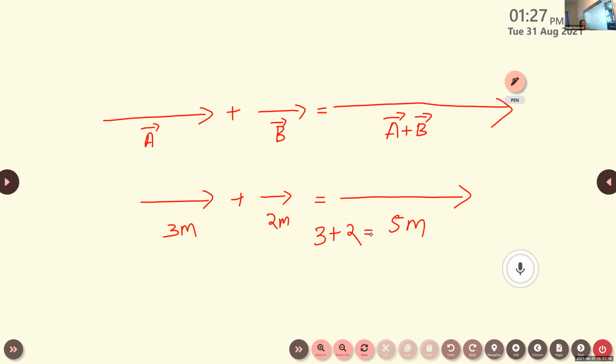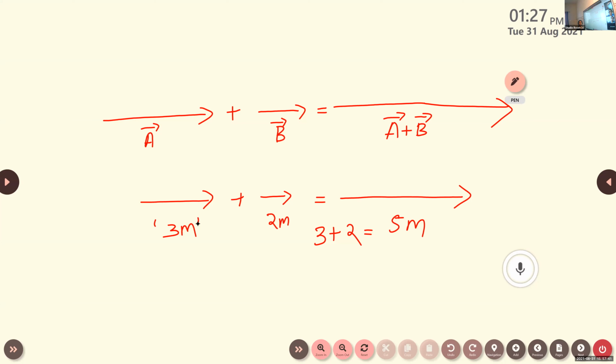What is the magnitude of the first vector? 3 meter. Magnitude means a numerical value along with its unit. That is what is known as magnitude. So the magnitude of the first vector is 3 meter, and the magnitude of the second vector is 2 meter.